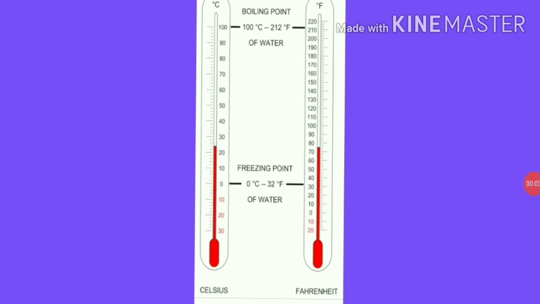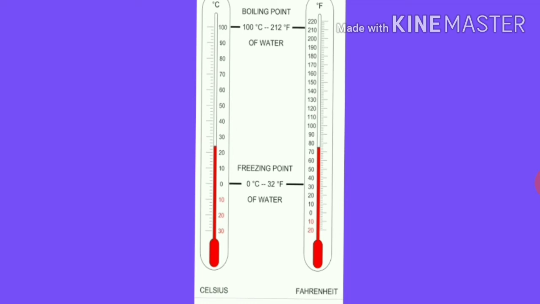Students, let's talk about the Fahrenheit scale. Just see in the picture how the Fahrenheit scale is denoted. The Fahrenheit scale was developed by Daniel Gabriel Fahrenheit. This scale is read as degree Fahrenheit. On this scale, the melting point of pure ice is taken as 32 degrees Fahrenheit, that is the lower fixed point.